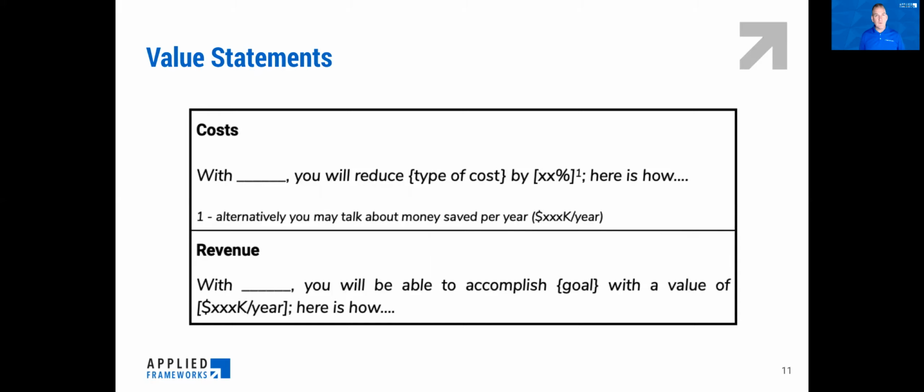With our product, you can reduce the cost by X% or potentially by some estimated amount of money. Alternately, with the product, you'll be able to accomplish increased sales by 10% or by $100,000. And then explaining how to do it would be framing and marketing the product.